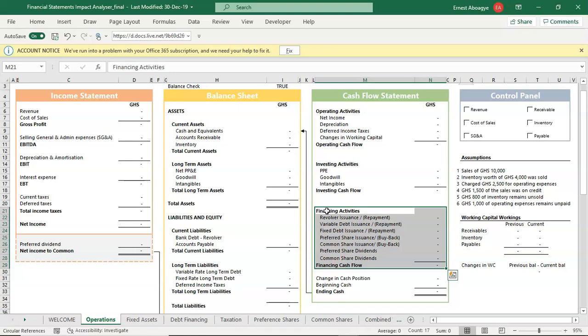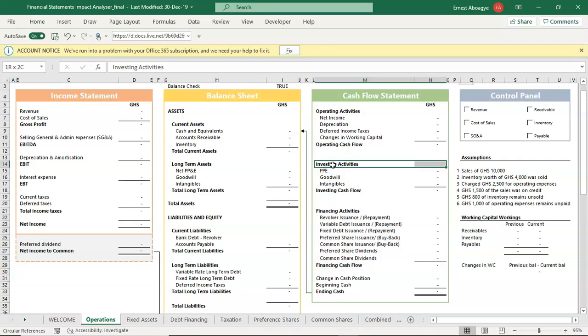It looks at the movement of cash between the income statement and balance sheet. So it picks every line and adjusts for the movement. Everything in the income statement is accounted for at the net income line in the operating activities. And then you make your adjustment for your notional charges I've already explained. Then the current asset, current liability section is looked out for in the working capital line.